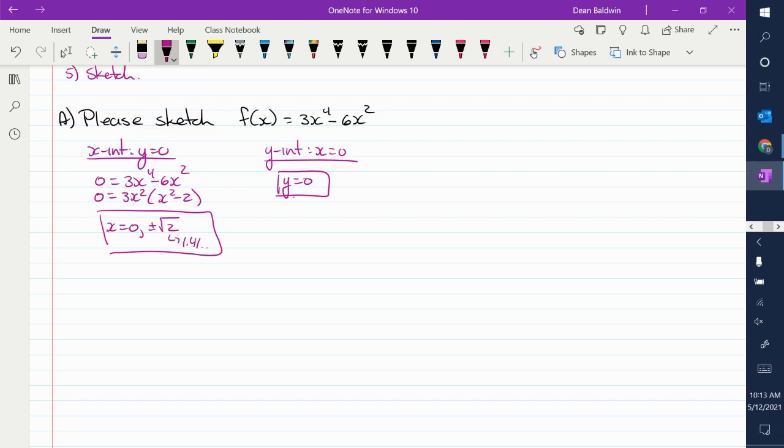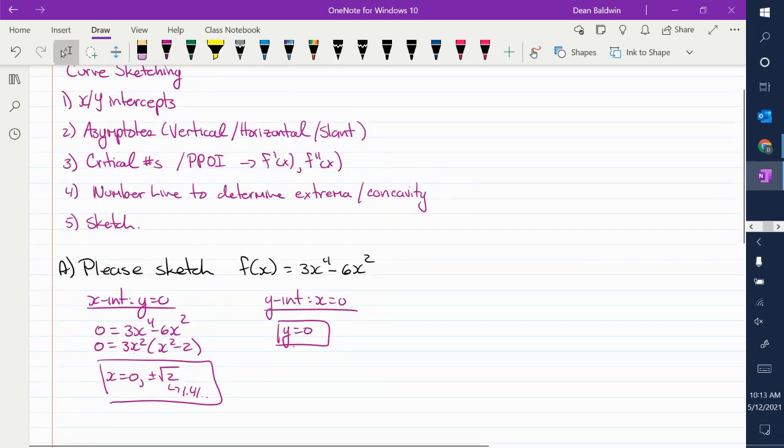So. All right. What's our next step? Asymptotes. Vertical asymptotes occur when what? There's a variable somewhere in the denominator because you're dividing by 0. We don't even have a denominator.